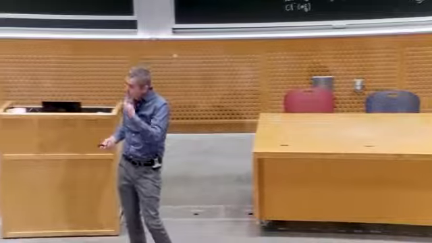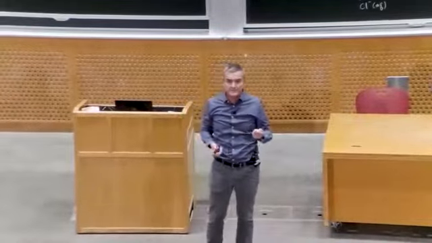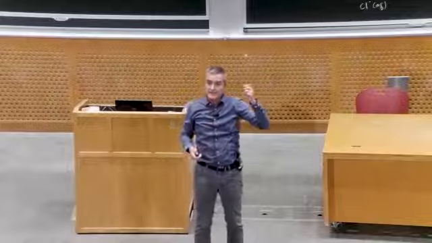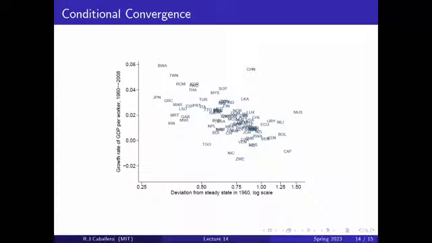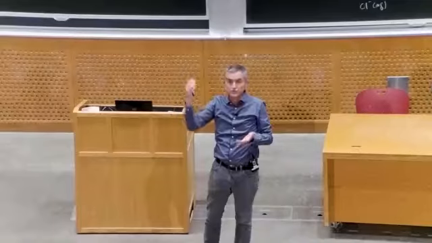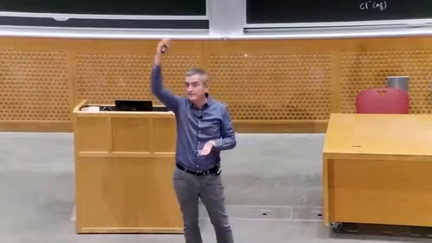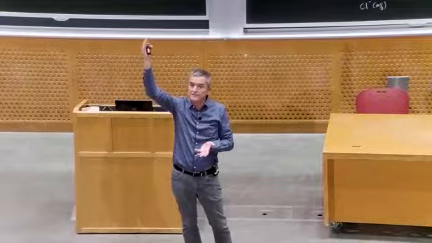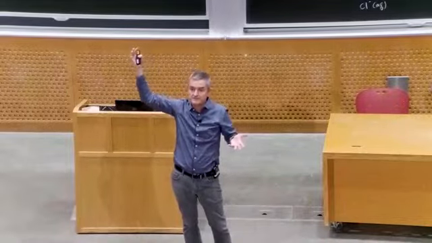Now, for those countries, it still applies, and that's what this picture shows, that if they are not at their steady state, if they still have lower capital per effective worker than they need to have in their steady state, that they will have transitional growth.